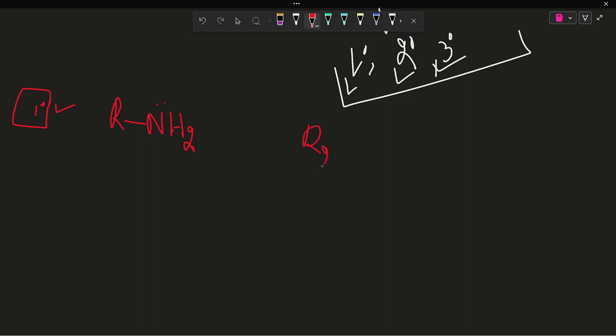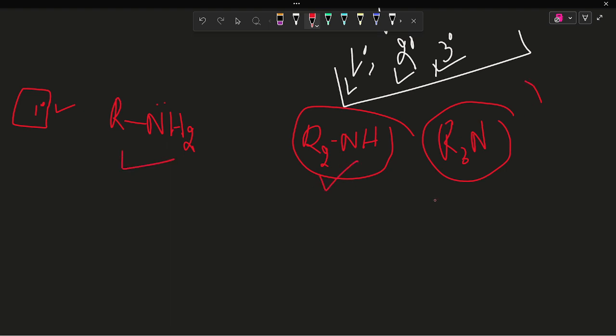No R2NH or R3N is formed. These two amines are not a product of this reaction, they are a product of only alkylation of ammonia. In that we get a mixture of this and this, but in Gabriel synthesis of amines, we get only this, right?